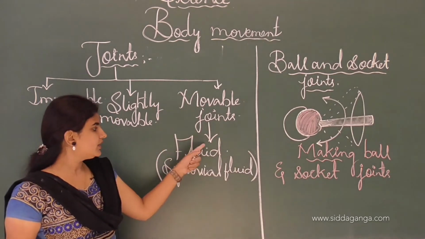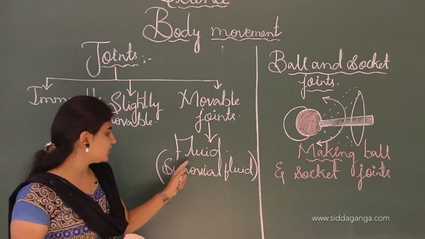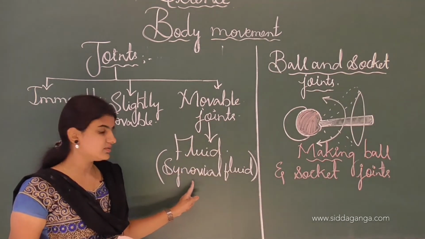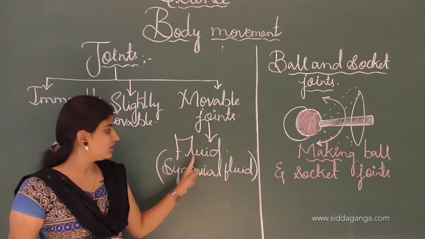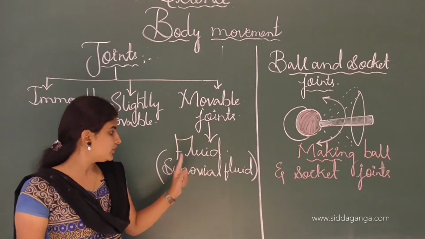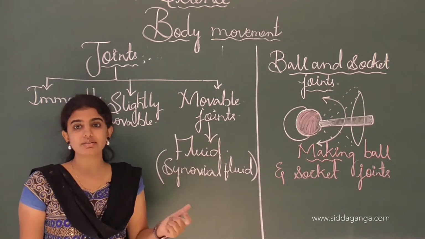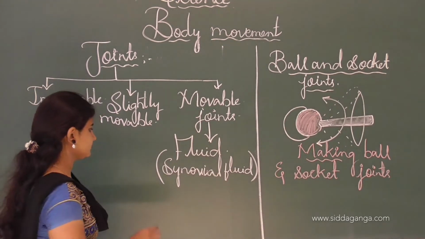Movable joints contain fluid, and this fluid is synovial fluid, and due to the presence of such fluid in the movable joints, they are called synovial joints.